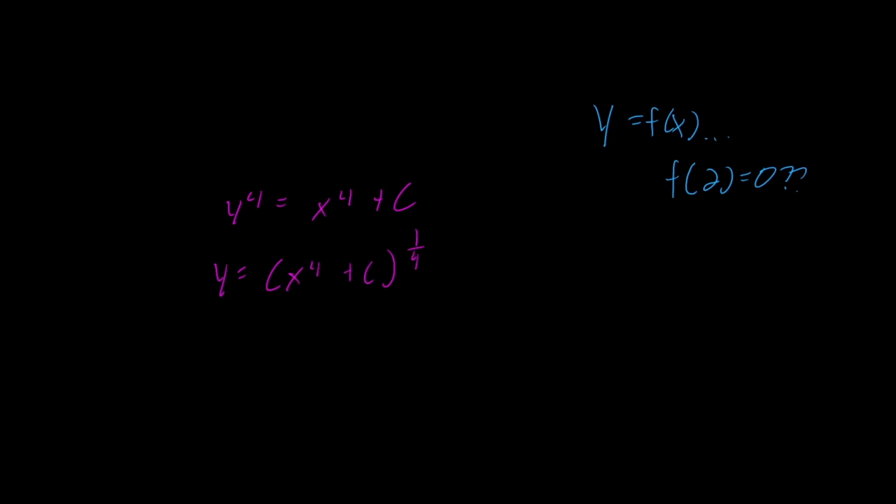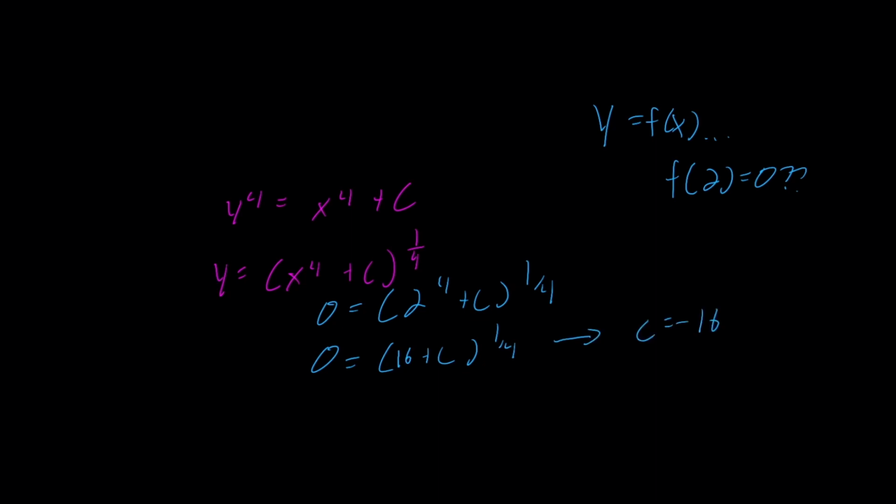So let's actually just plug in our values. It's a straightforward process. So 0 is equal to 2 to the fourth plus c, all of which is raised to the 1/4 power. And 2 to the fourth is 16. So without doing some further math, what would c have to be such that it produces an output of 0? It turns out c would just have to be negative 16.